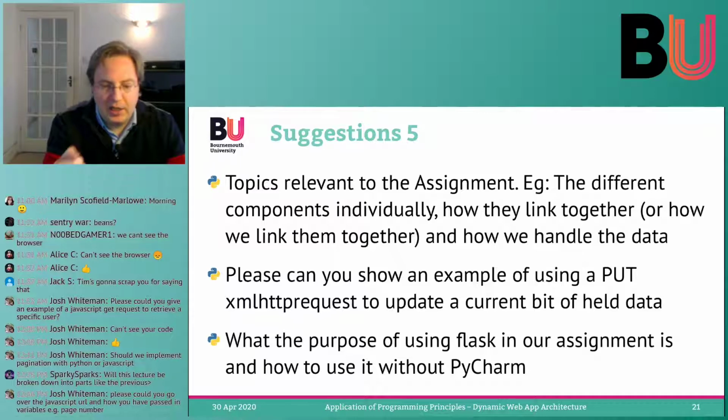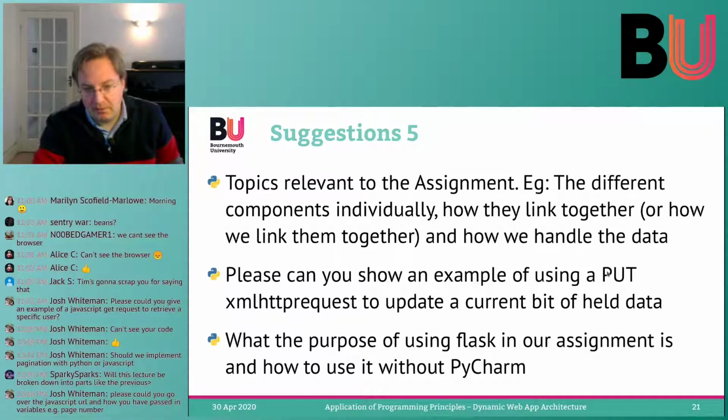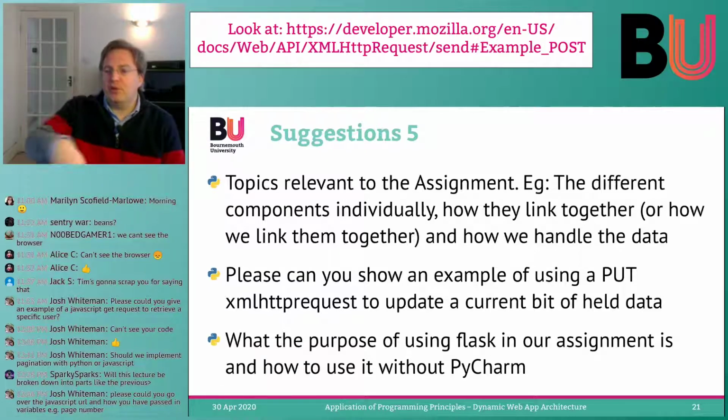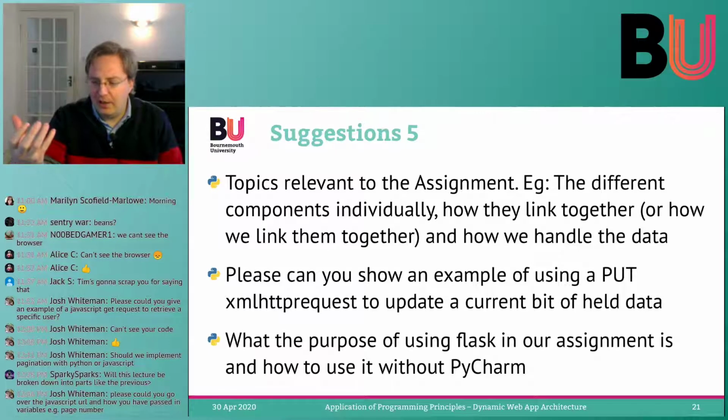So how to make a put request? Well, like I said, you just put in PUT where it says GET. But updating a current bit of data should normally be a post request. It can be a post request on the user. A put would need an equivalent representation.